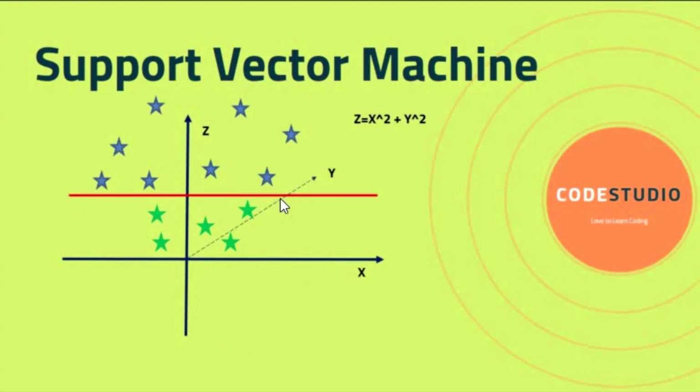For example, in this example, the kernel will create a new dimension called z, which is equal to x to the power 2 plus y to the power 2. And if we draw these points on the x, y and z axis graph, these points can be separated with this red line. I mean to say, if the observations or points are non-linearly separable, then using a kernel parameter with the SVM model we can classify them.